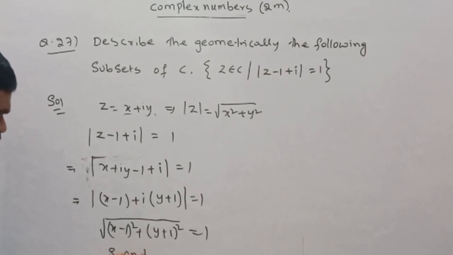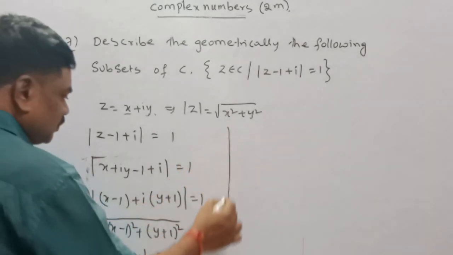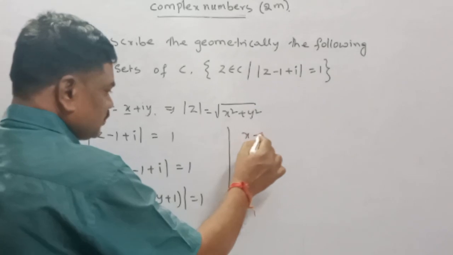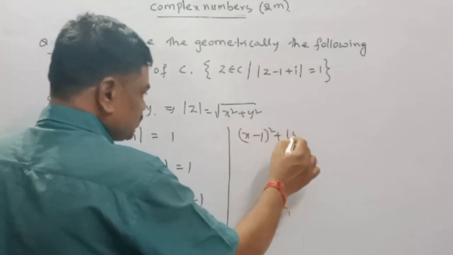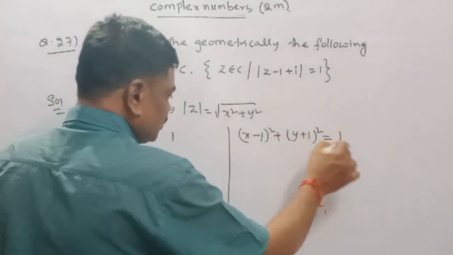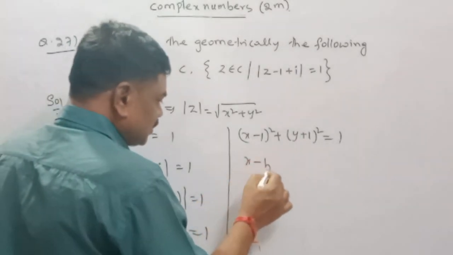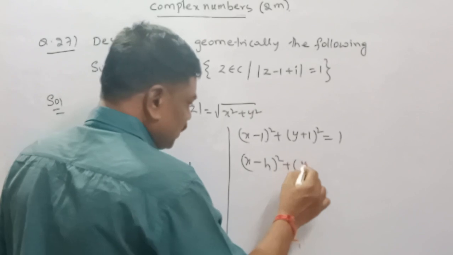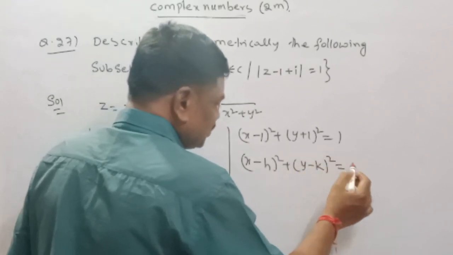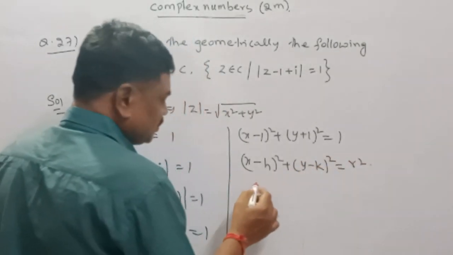Squaring on both sides, (x - 1)² + (y + 1)² = 1. This is in the form (x - h)² + (y - k)² = r², a circle.